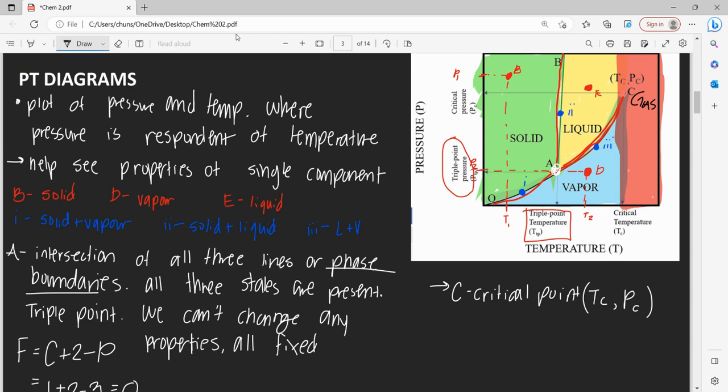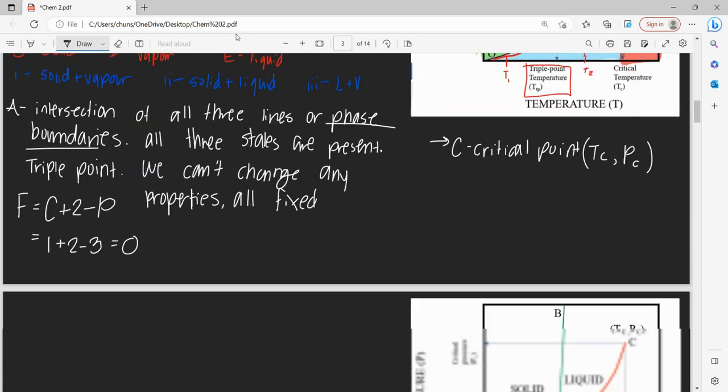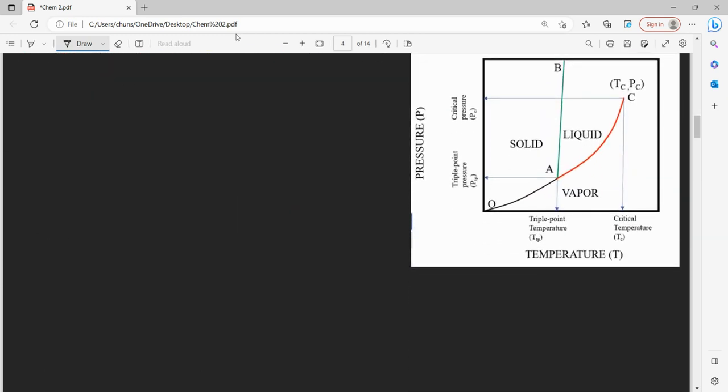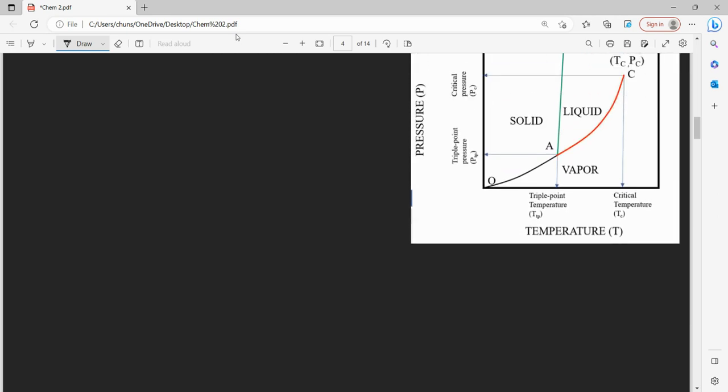We know we can only have three phases present at our triple point, and anything past our critical point becomes a gas. All right, so I think we already covered what we needed to in that slide.